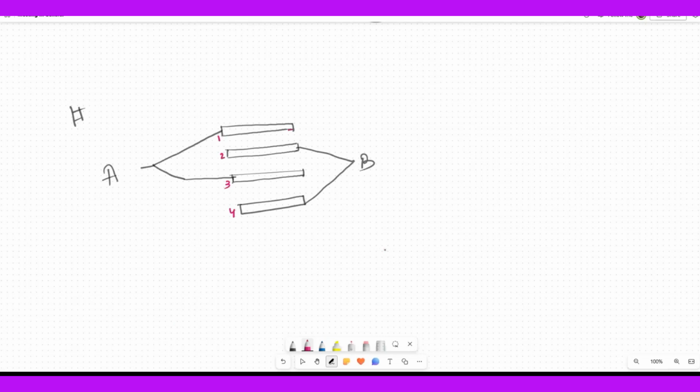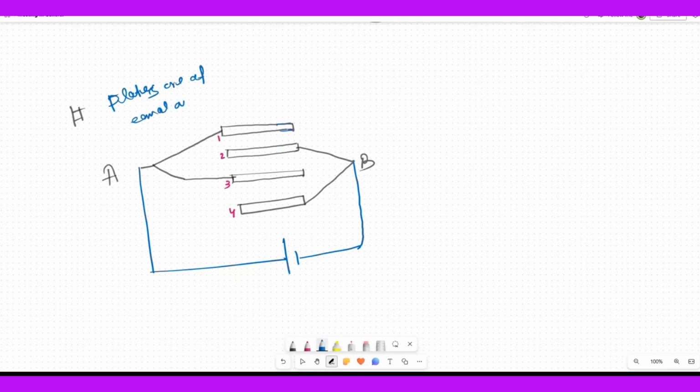Imagine that there is a battery connected between 2 points A and B. Then charge distribution will be there. These 2 and 4 are connected to the negative terminal. These 2 are connected to the positive terminal. And those plates are of equal area, the way we have taken before, equal area and equidistant.